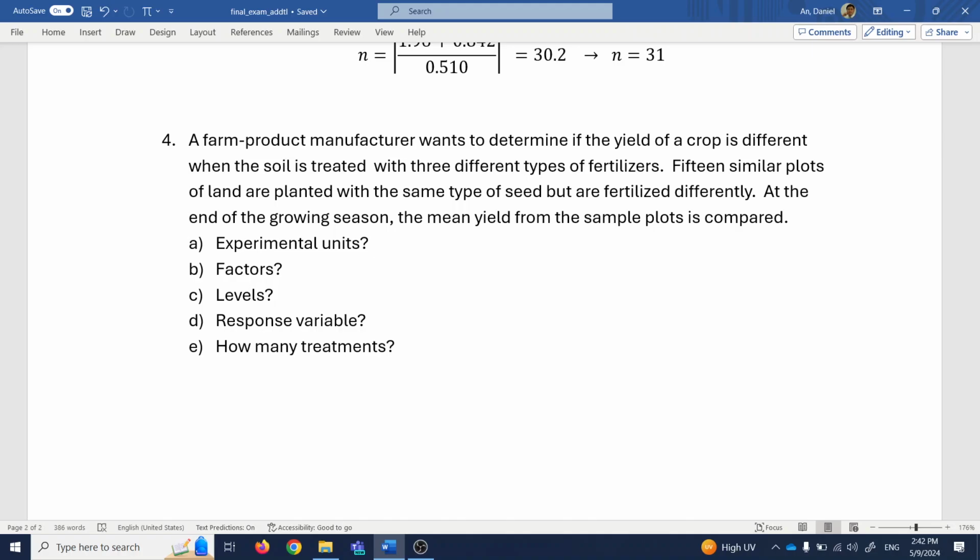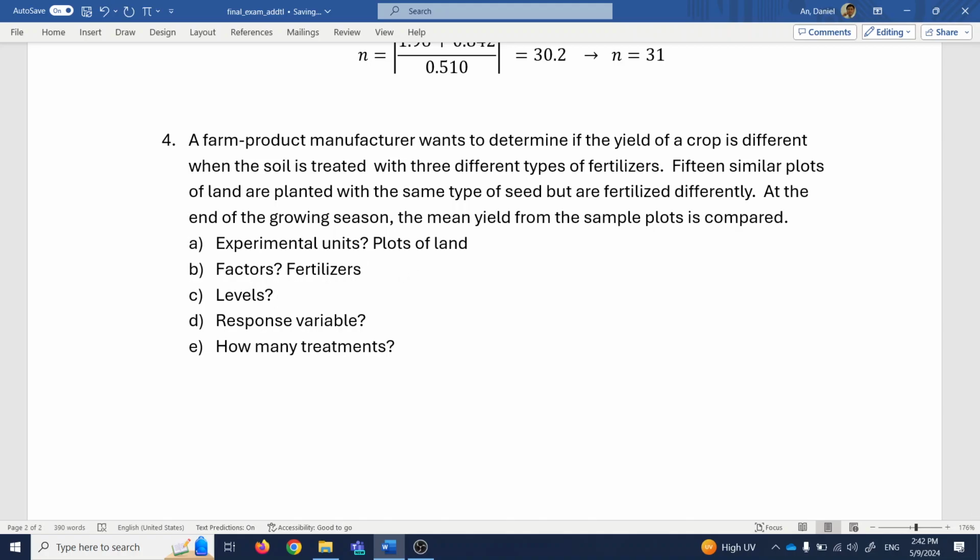This would be plots of land. What are the factors? Fertilizers, yeah. Is there any other factor? It's just fertilizers, right? Okay.